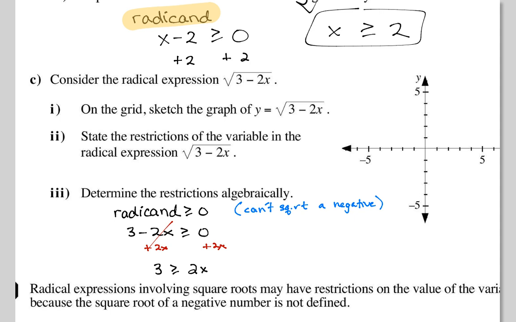Now what do you think I should do to solve for x? Not minus 2. Good, divide by 2. And then you get x less or equal 3/2.